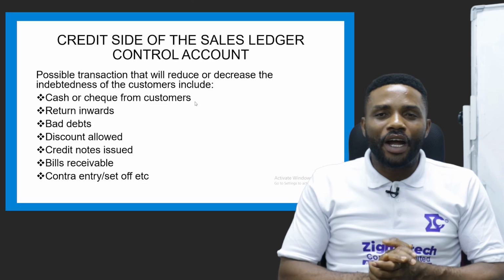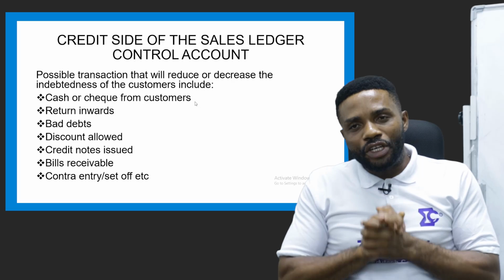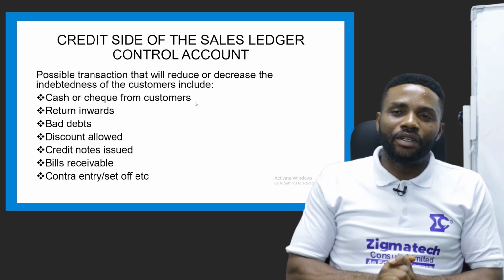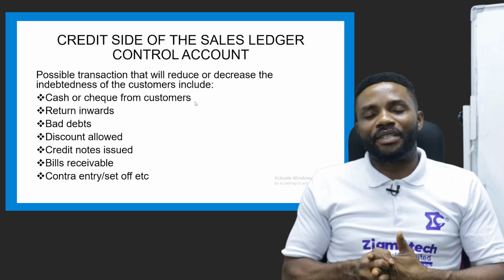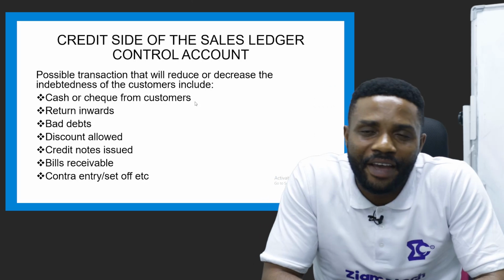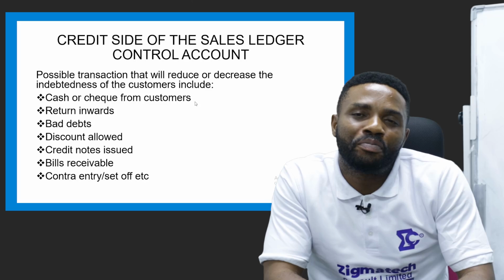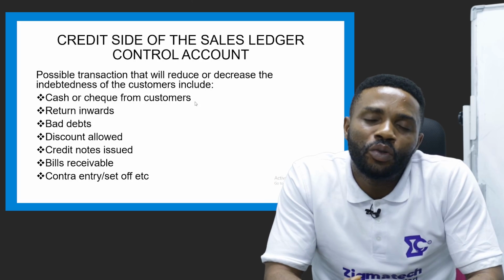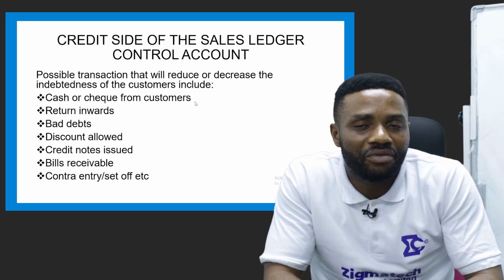And then the next one is what we call discount allowed. A reduction in whatever your customers are owing you can also reduce their indebtedness. Discount allowed, especially cash discount, is very sensitive because sometimes it's given for prompt payment. Overdue debts can be recovered through discount.